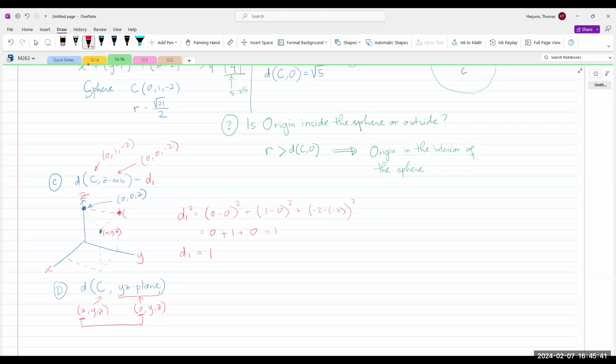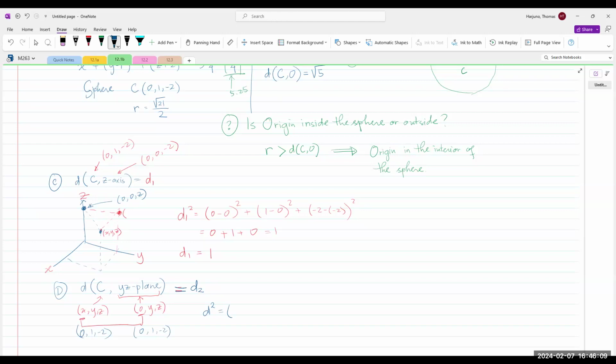Okay, so that is equal to, in this case, let me write the equation. Let's call this d2. So d2 will be from 0, 1, -2 to 0, 1, -2. Oh, that's the same coordinate, huh? Right?